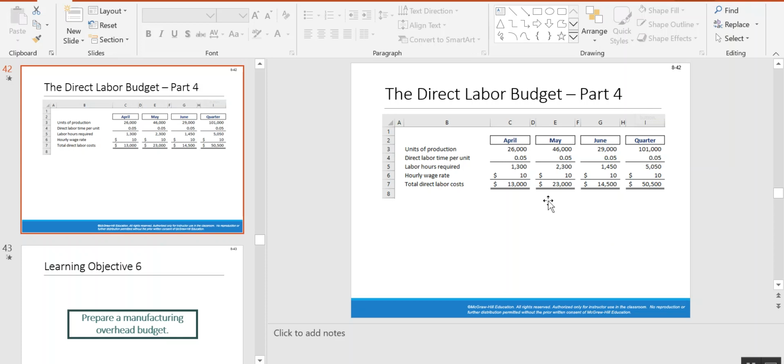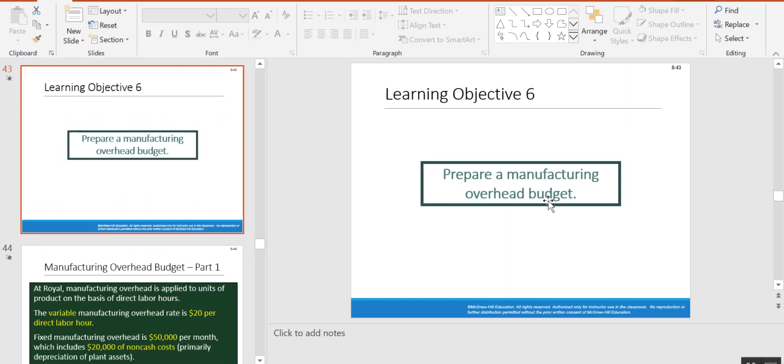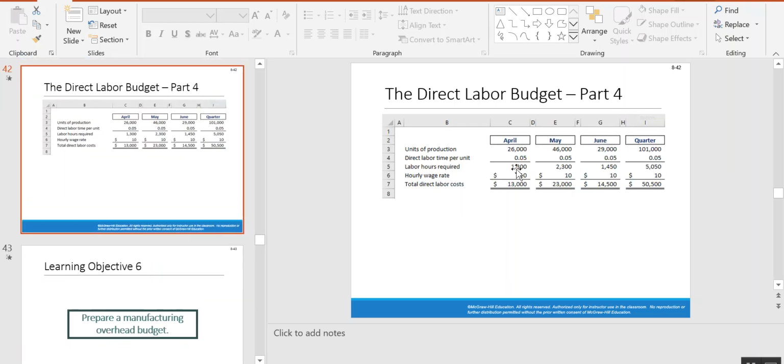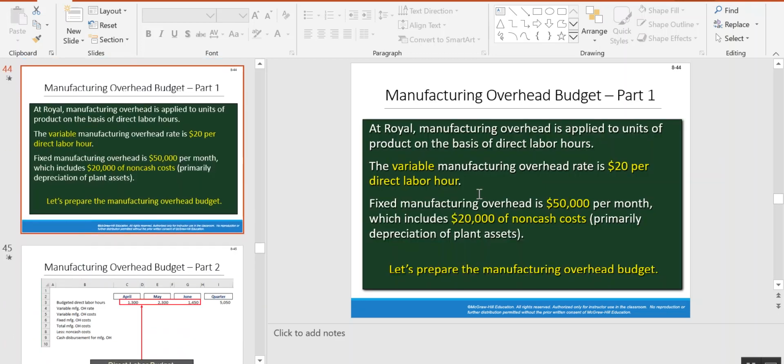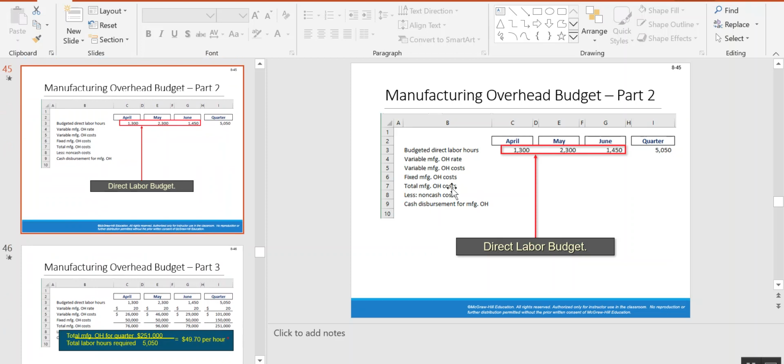Now, I'm not going to spend much time on this because we're not going to focus on it, other than to say these direct labor hours required will go into our next budget, which is a manufacturing overhead budget. In overhead, we're going to start with the direct labor hours here, and then calculate the variable manufacturing overhead based on the variable overhead rate.